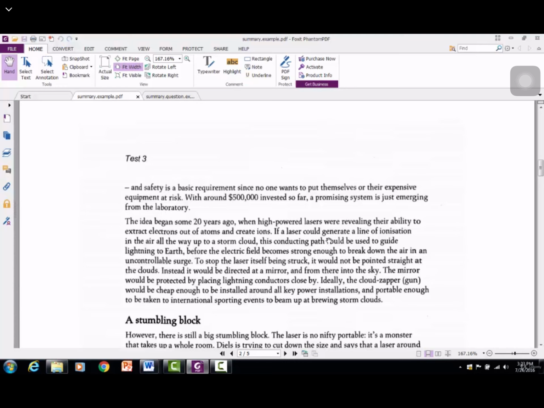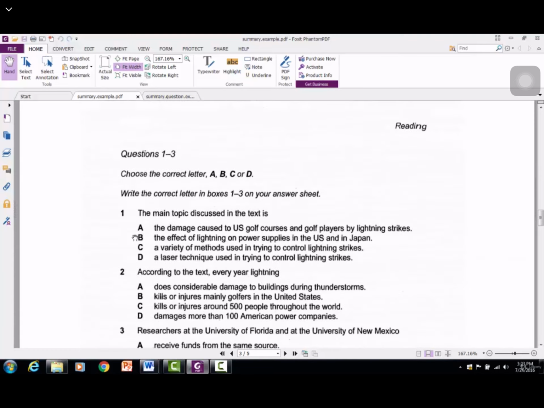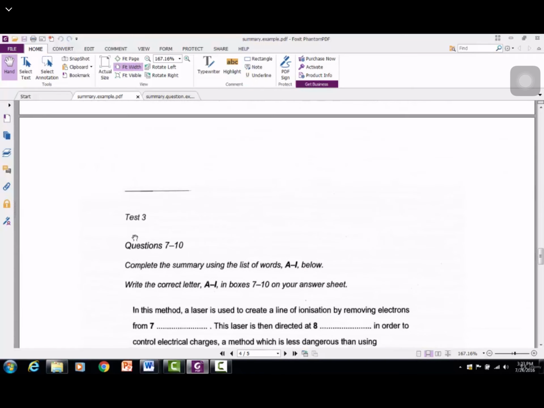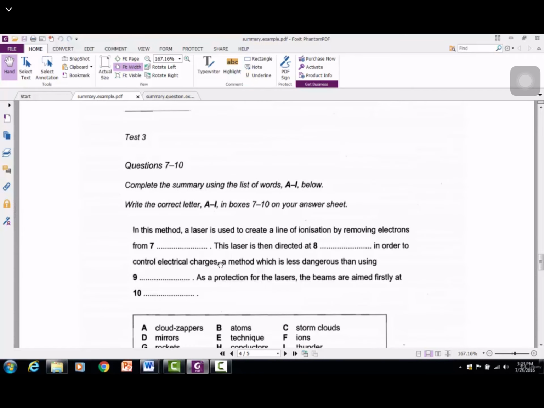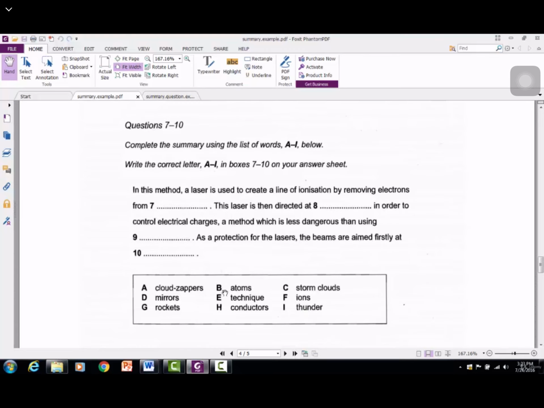So they took information from both of these sentences and combined it together to create one sentence. But I know my answer is atoms because of the word extract. Extract means remove. And so we know the answer for number 7 is we are removing electrons from atoms. So on our answer sheet, we will put the letter B as in boy.